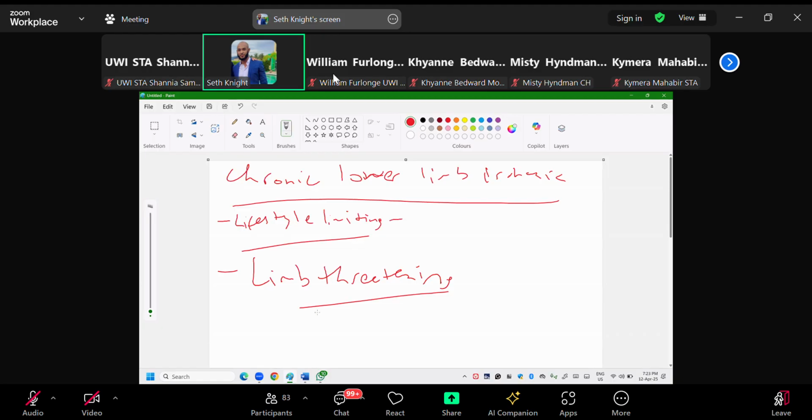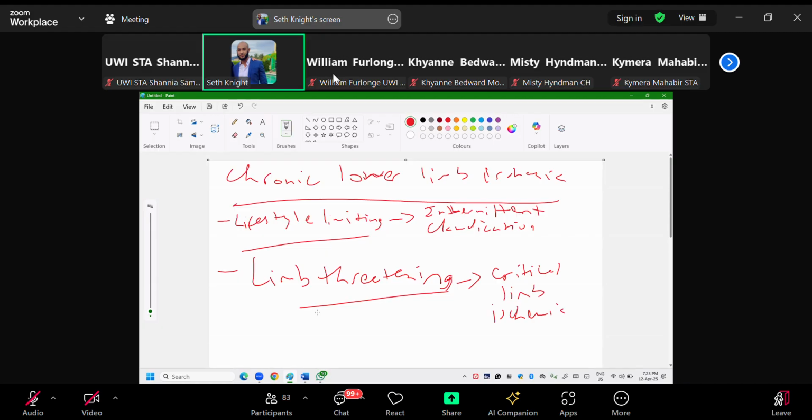Lifestyle limiting ischemia is what we refer to as intermittent claudication. So it limits their lifestyle, it limits their ability to do things. Limb threatening ischemia means that this patient is at risk of having an amputation, and limb threatening ischemia is what we call critical limb ischemia.